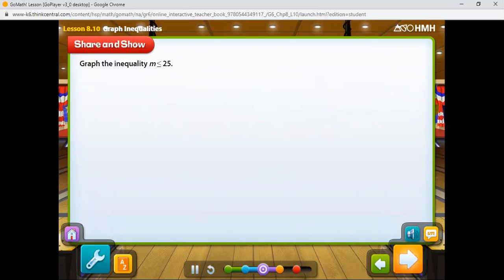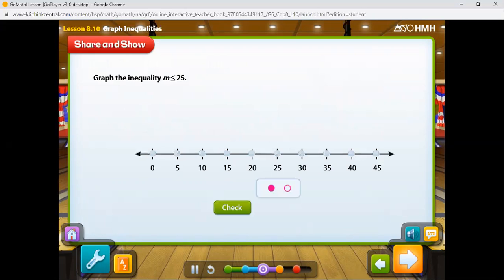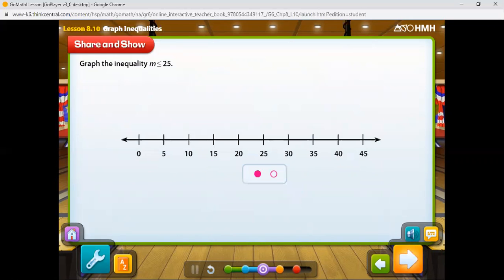Graph the inequality m is less than or equal to 25. Begin by drawing a number line. Choose the type of circle that should be used to graph the inequality and place it at the correct point on the number line.